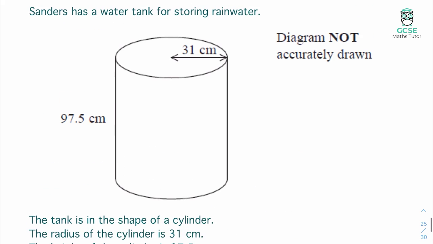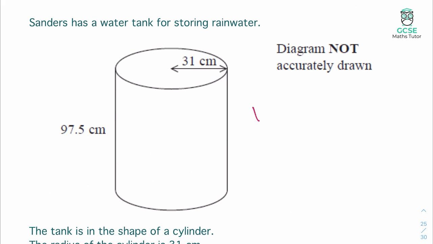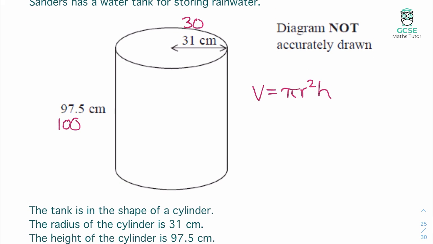So for working out the volume of a cylinder, the volume is going to be equal to the area of the circular face, pi r squared, multiplied by the height. And we're also going to be estimating. So I'm going to use 30 as my radius. I'm going to round the height to 100, so just to one significant figure. So if we just write those into our formula, the volume is going to equal pi r squared h.